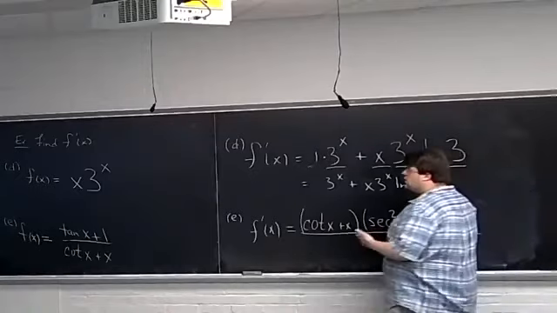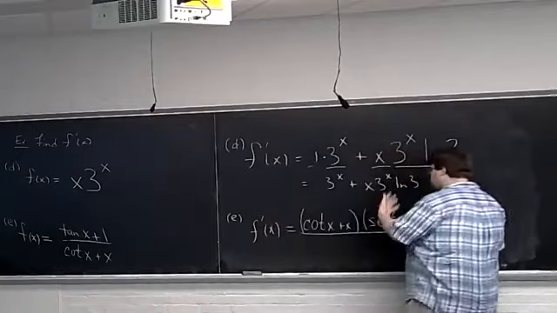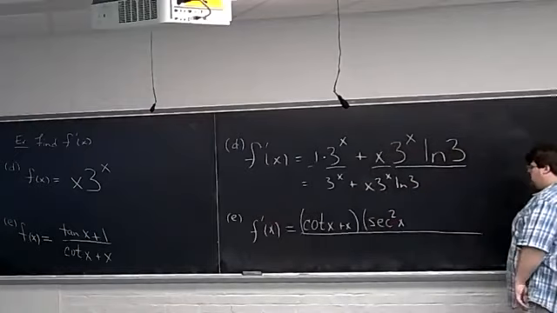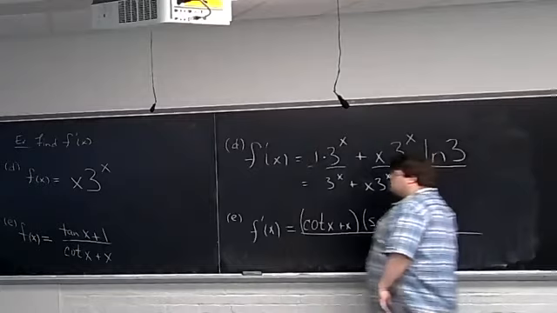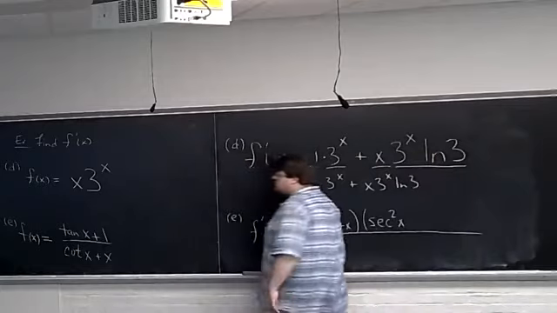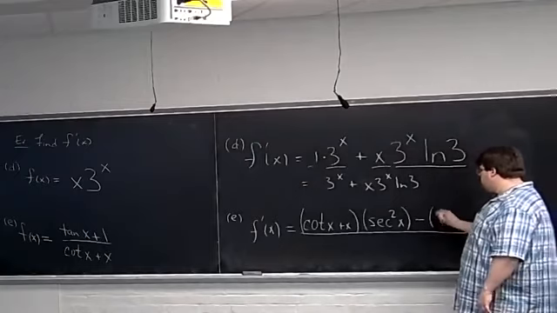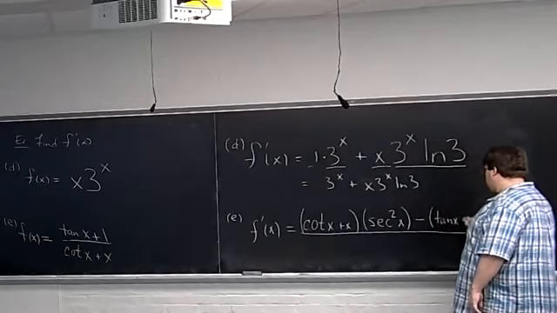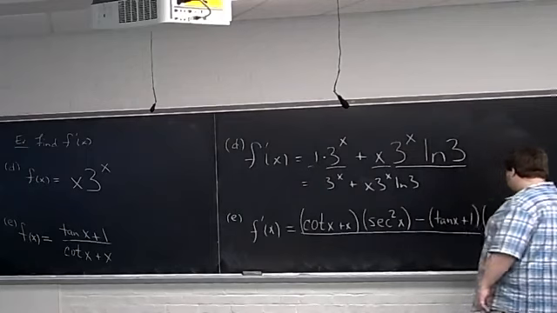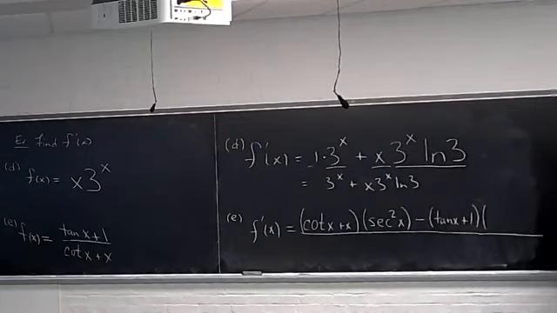It's much fewer words to think: derivative of tangent is secant squared. Derivative of 1 is a constant, derivative is 0. Minus the top times the derivative of the bottom, which will fit here, I think.